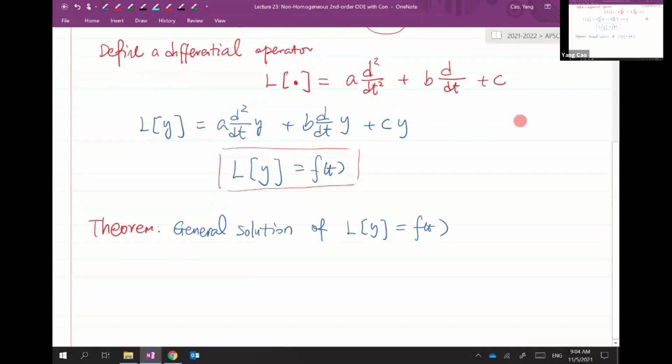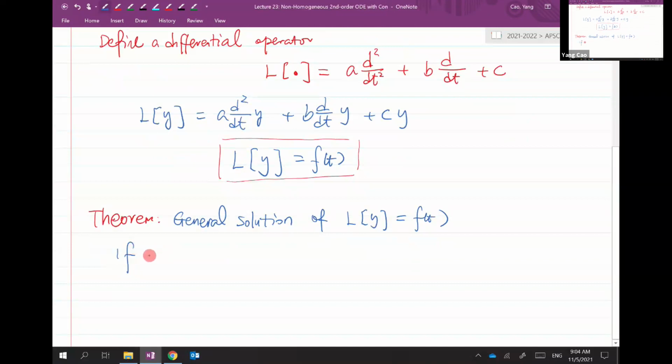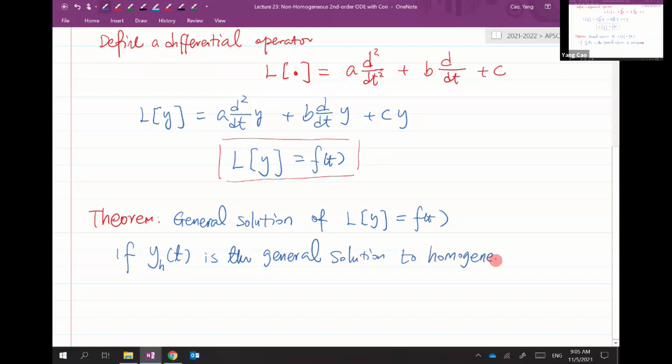Here's the description of the theorem. If yh of t, where h is a subscript, is the general solution to the homogeneous equation Ly equal to 0.